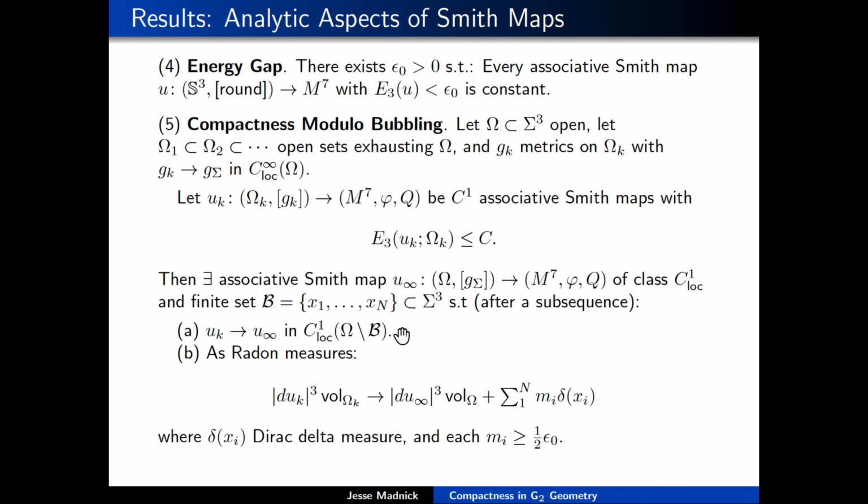This finite set consists of what are known as bubble points, and this convergence of Radon measures explains what you can expect to happen, essentially, at the bubble points. And once again, if you have a stronger bound a priori, so if you have a 4-energy bound or just a p-energy bound where p is strictly bigger than 3, then bubbling doesn't happen. Okay, the bubbling set is empty.